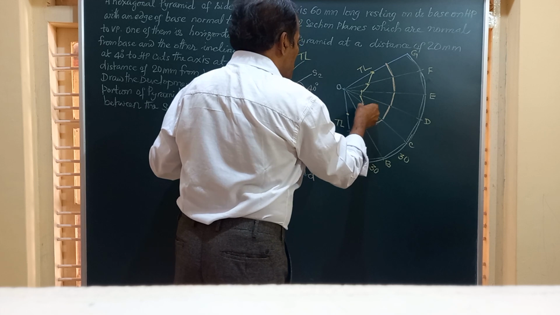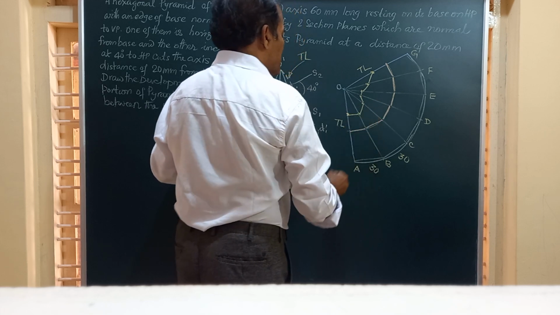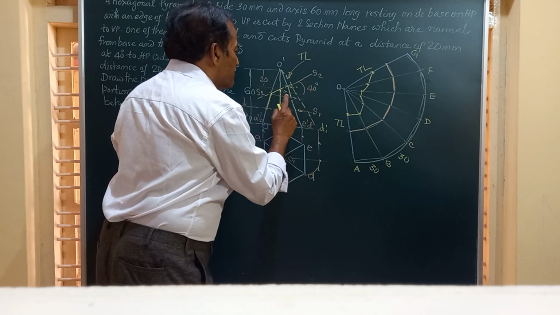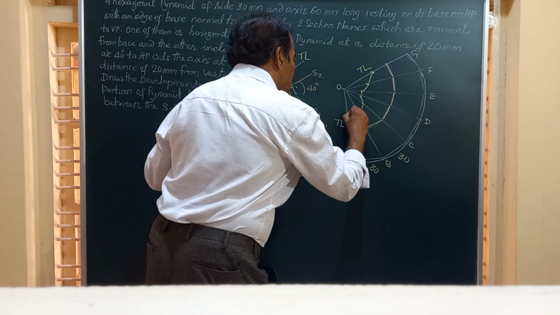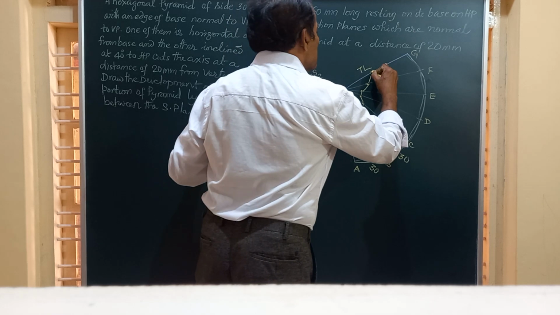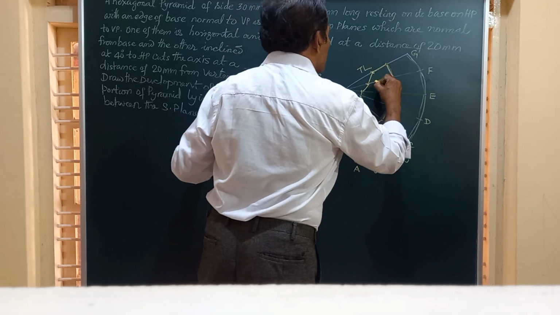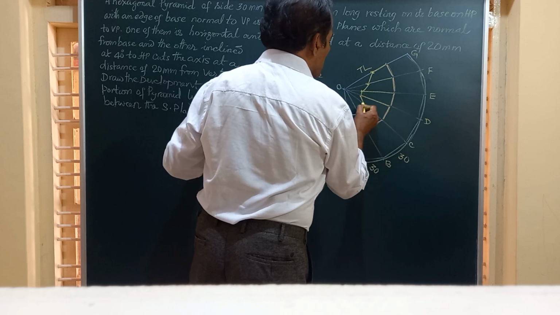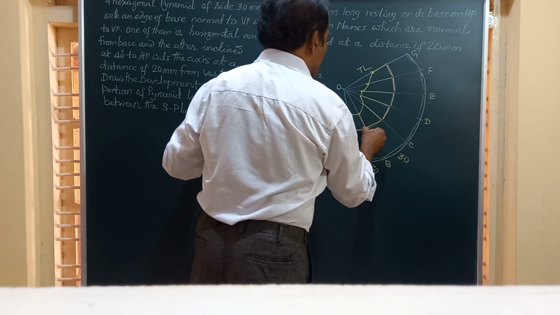Friends, I have joined all the points so obtained by straight line, and here the part between these two section planes is this one. So I have to show it dark, and all this portion in between the section planes is to be shown by visible lines or dark lines.